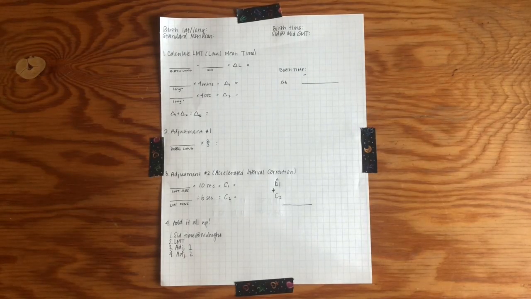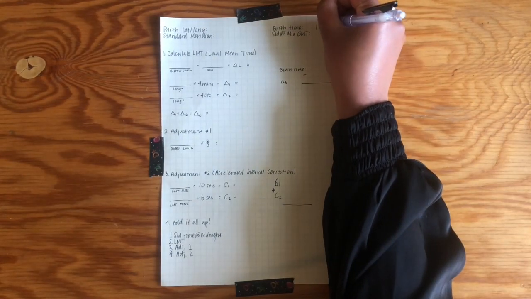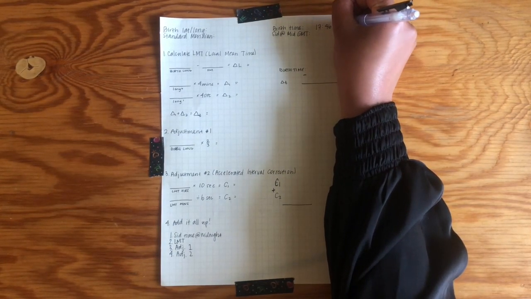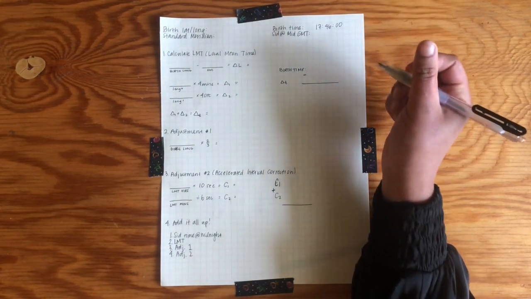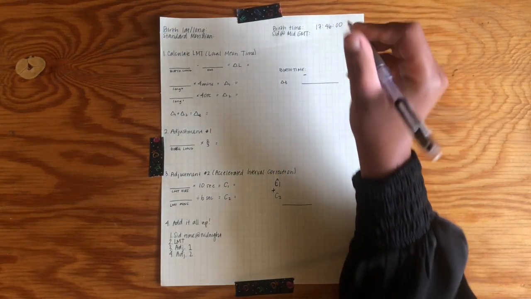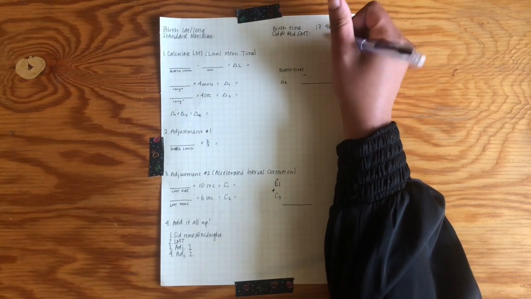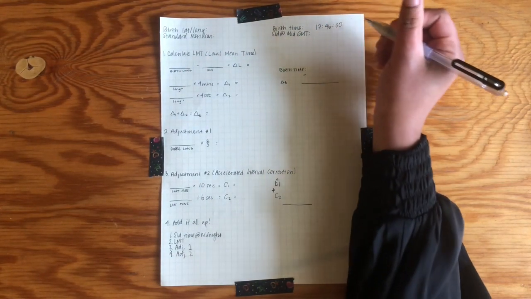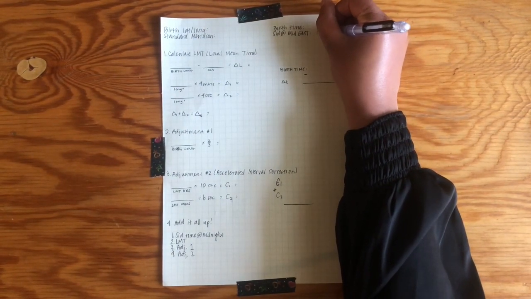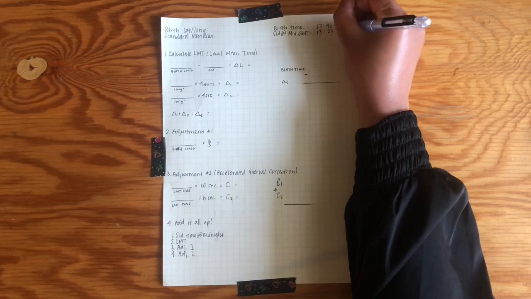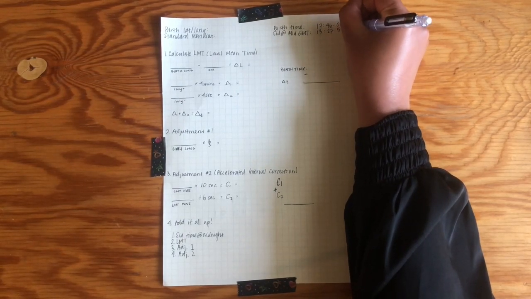Okay, so for this example, we are using a birth time of 17:46 and 0 seconds, and the birth date is April 14th, 1969, and the sidereal time at midnight GMT was 13:27 and 58 seconds.